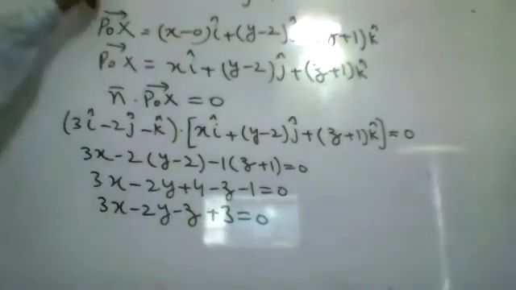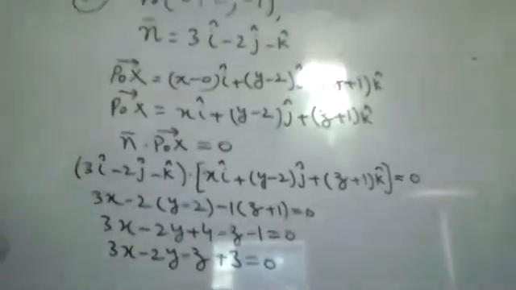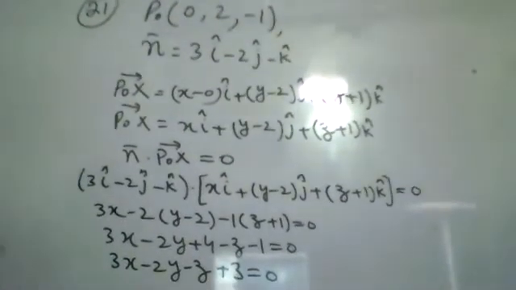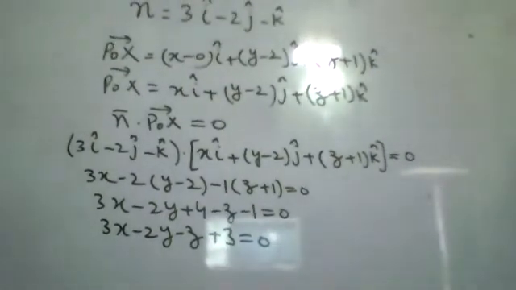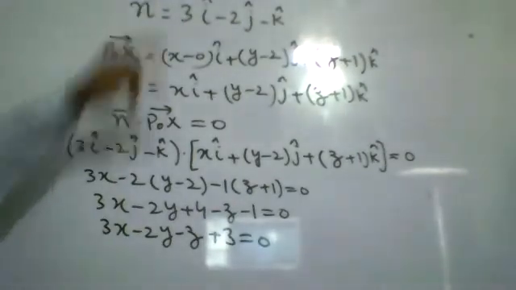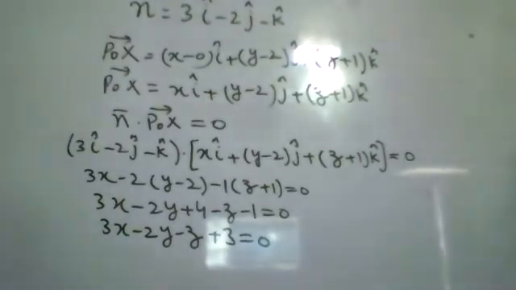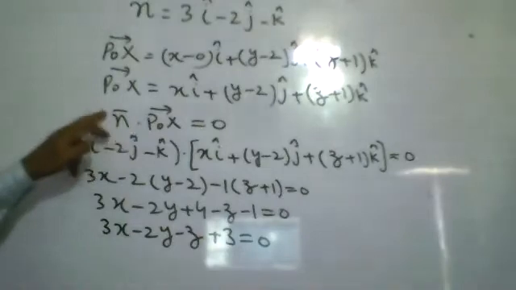When one point and the normal vector are given, here the point P naught 0, 2, minus 1 and the normal vector 3i minus 2j minus k, first of all we will find P naught X. That will be x minus 0 i plus y minus 2 j plus z plus 1 k. And n is given, so we take the dot product of n and P naught X, or P naught X and n.